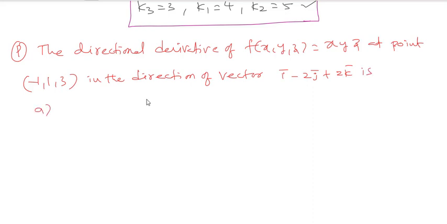This is a simple question again. The options are 7 by 3, minus 7 by 3, and 3i bar minus 3j bar minus k bar. This is the question they had given.